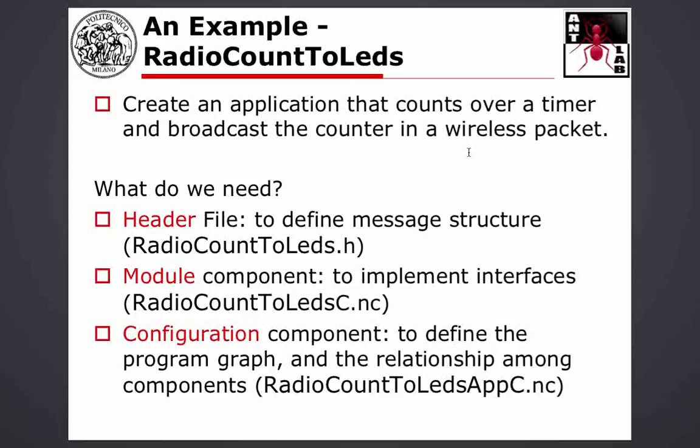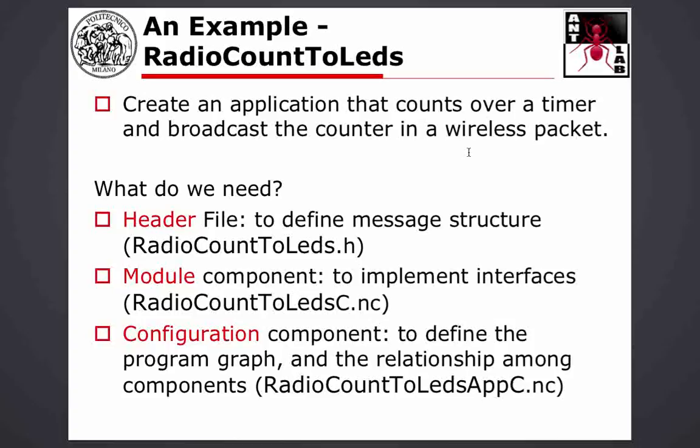And then we will turn on or off the LEDs according to the code of these 3 bits, okay? So when I transmit the number 0, which in binary is 000, all the LEDs will be turned off. When I transmit the number 3, which is 011 in binary, only the second and the third LED will be turned on, okay?